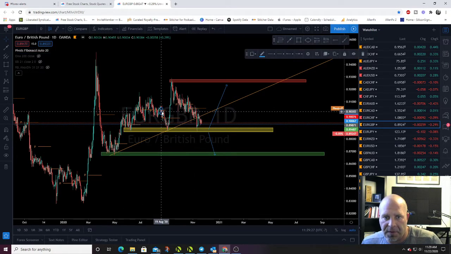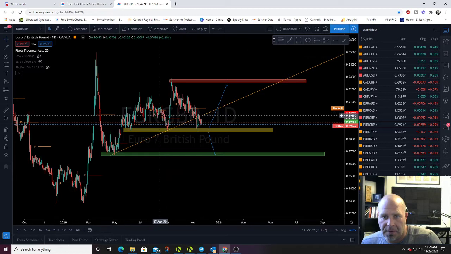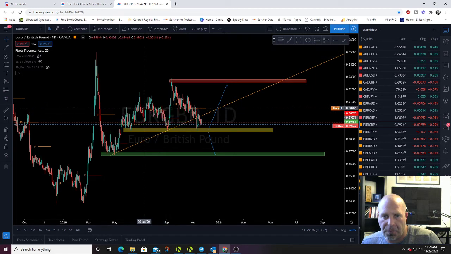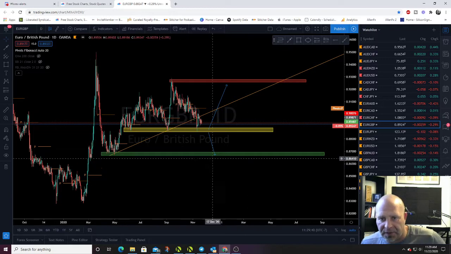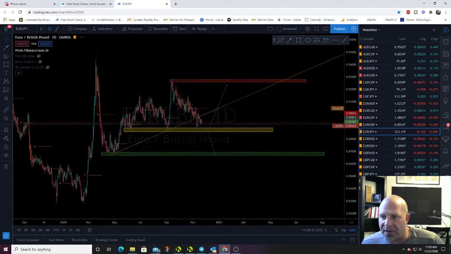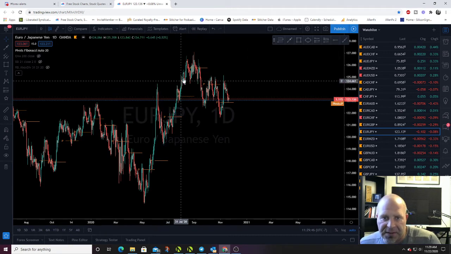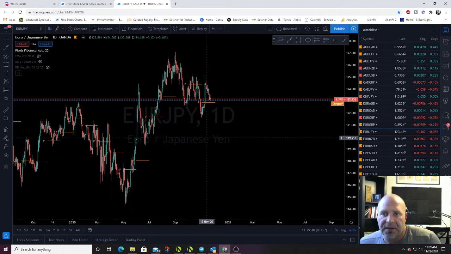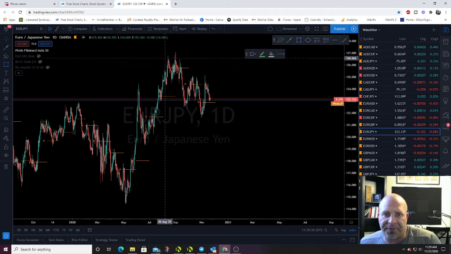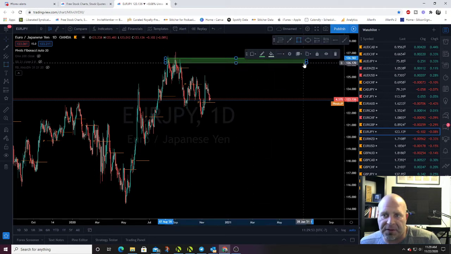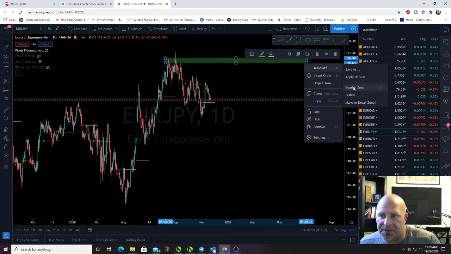There it was. All right, whatever. That's what I'm looking at there. Euro JPY. Let's get rid of that. All right. Well, we're definitely in a bullish run, so I'm going to call this my bearish zone.